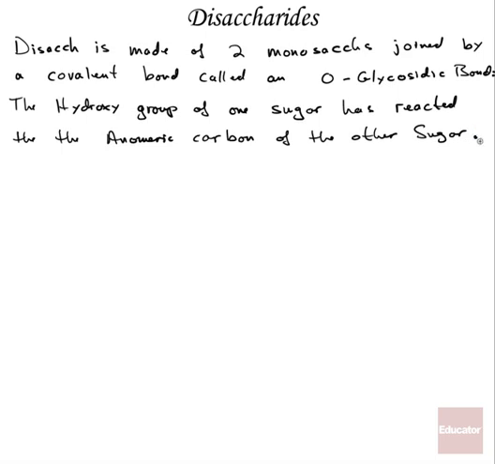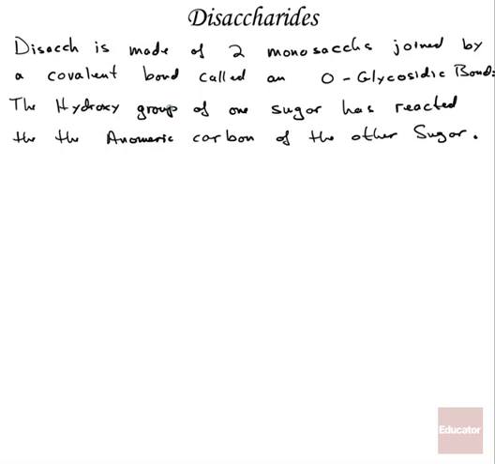Now, when we say the hydroxyl group of one sugar, it can actually be any of the hydroxyl groups, but in general it's going to be specific hydroxy groups that react with the anomeric carbon of the other sugar. You'll see from the bond which particular hydroxy reacts, but it actually can be any one of them.